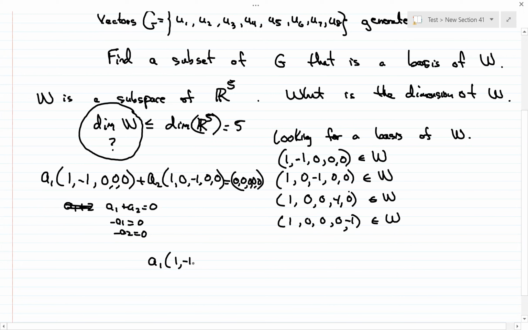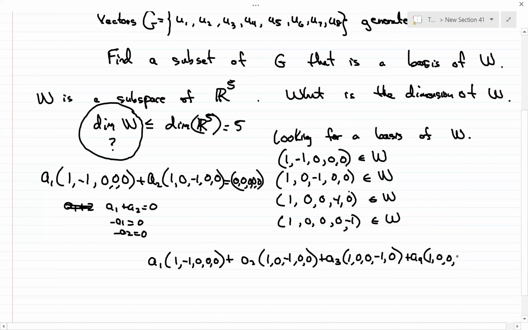So if you set this equal to the 0 vector, I'm trying to see if all the A's would have to be 0.